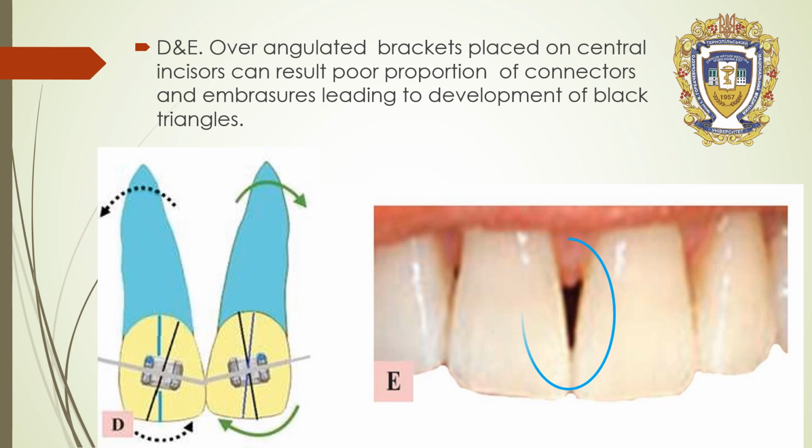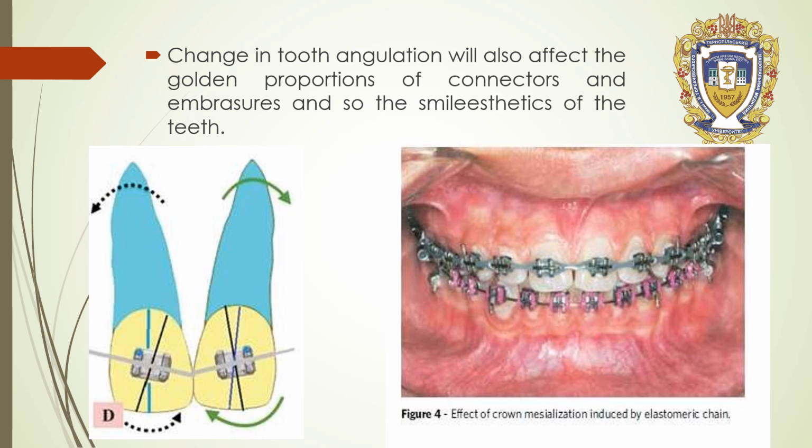As you can see, at the finish of treatment, the patient has got a not so pleasant result called black triangle. Change in tooth angulation will also affect the golden proportions of connectors and embrasures, and so the smile aesthetics of the teeth.